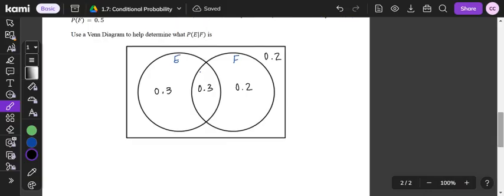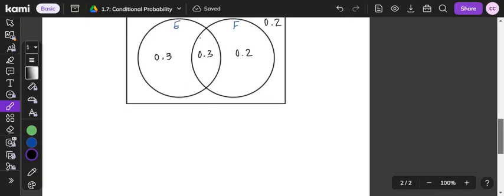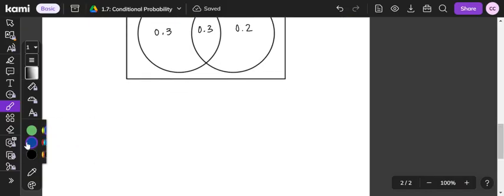Now it says calculate the probability of E given F. Using our formulas from the front, the probability of E given that F has already happened is equal to the probability of E and F divided by the probability of F. I could just dive in and use numbers from the Venn diagram.